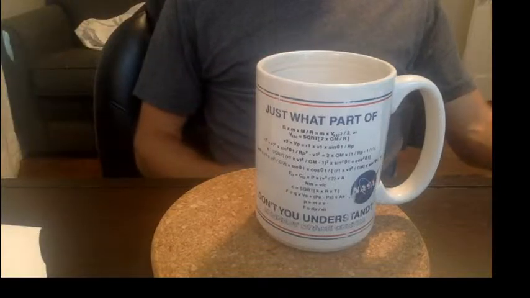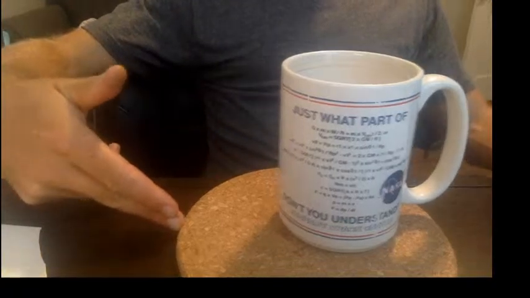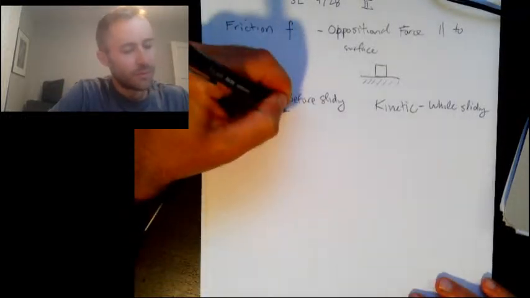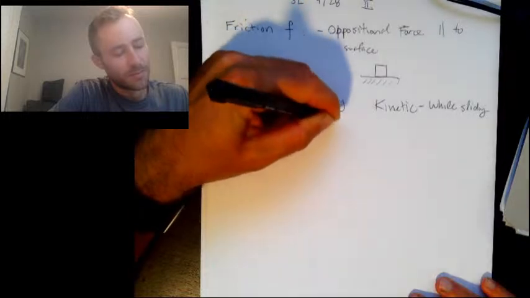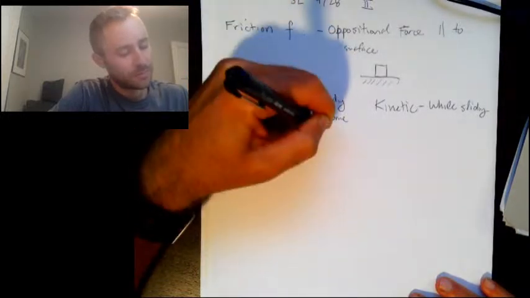Okay? But what if I push it, and I push it hard enough that it starts to slide? While it is sliding, I am fighting against what's called kinetic friction. Kinetic means motion. Okay? So static friction is the force that must be overcome to make something budge.